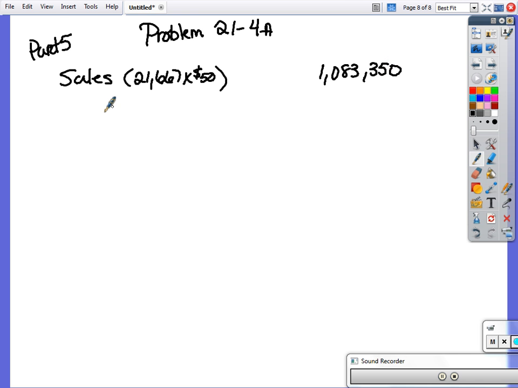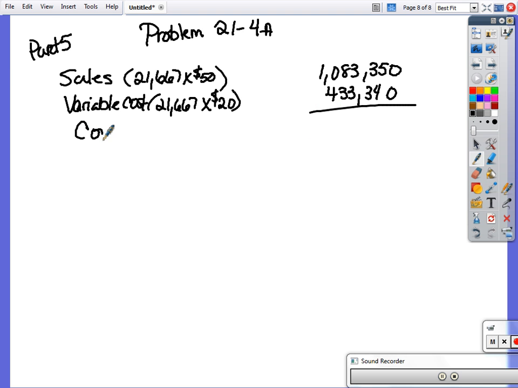So 1,083,350. Variable costs. How much? Same 21,667 units times what price? $20. What amount? $433,340.